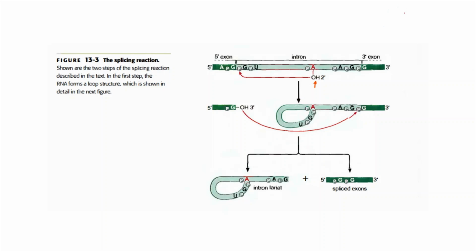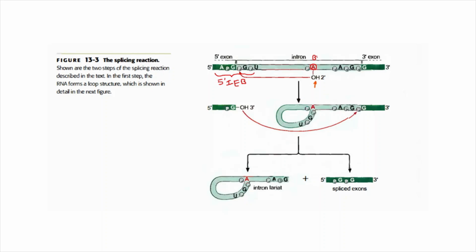As you can see, this is the 5' intron exon boundary, 5' IEB, and within the intron you have this adenine nucleotide at the branch point, which I am writing as BP.